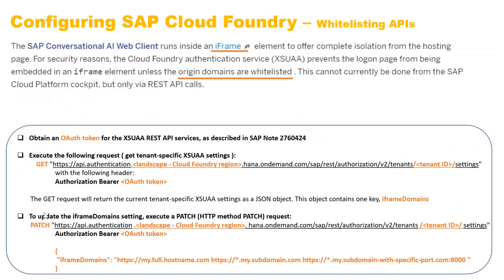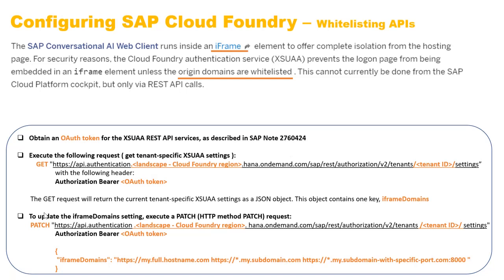So now let's check out the configuration options for whitelisting the APIs. Why do we have to whitelist the APIs? The main reason is that the SAP Conversational AI web client runs inside an iframe. And for security reasons, our SAP Cloud Foundry authentication service prevents the logon page from being embedded in an iframe element unless the origin domains are whitelisted.